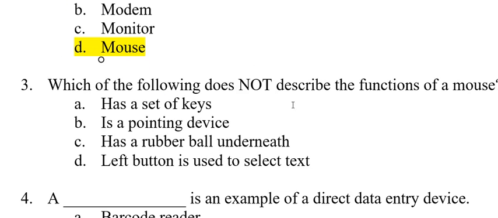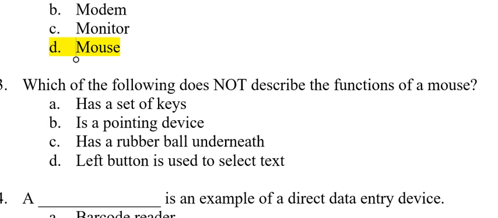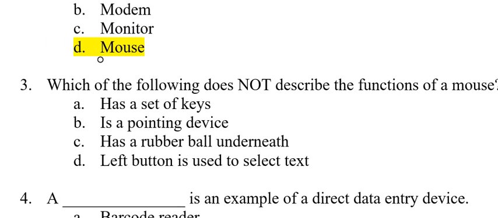Number three. Which of the following does not describe the function of a mouse? The function of a mouse. I'm sure that all of us have used mouses before, and we know how to use them, right? So for number three, it's not a function, it's a pointing device.